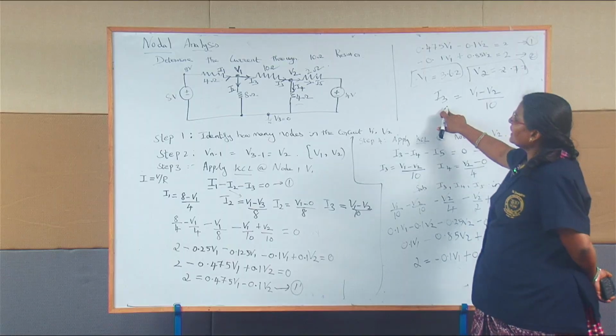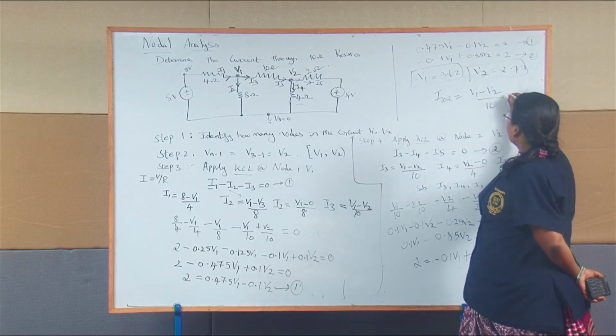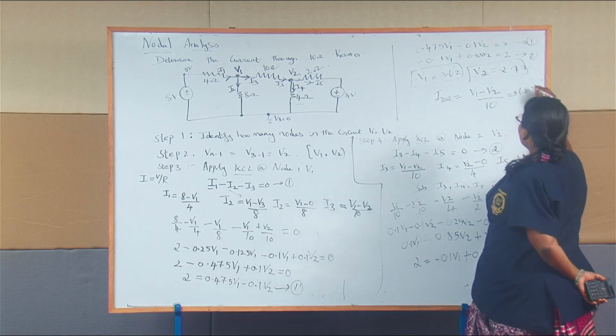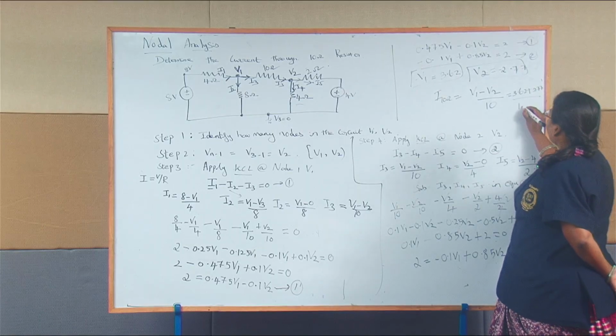So V1 3.62 minus, will become plus 2.77, divided by 10.